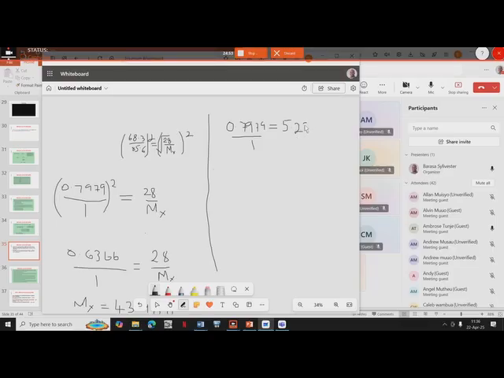So I would write here 5.29, then divide by the square root of mx, like this.